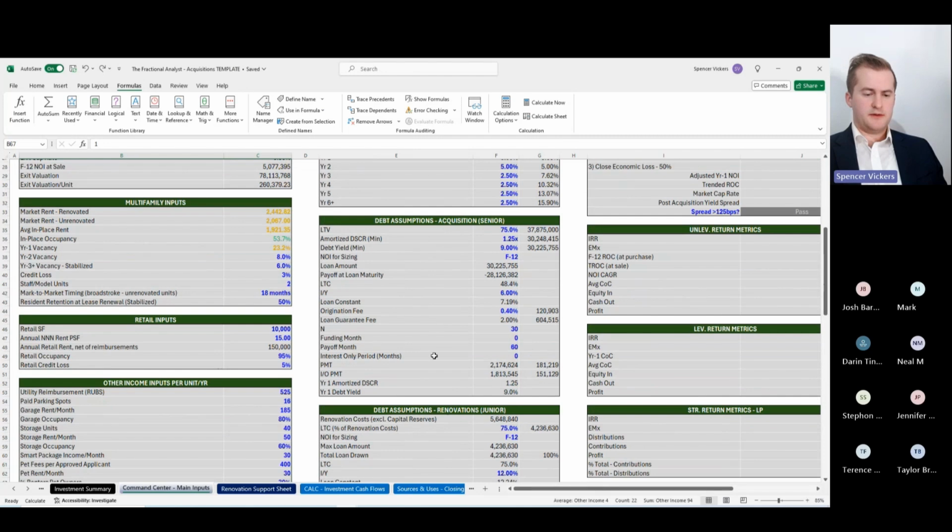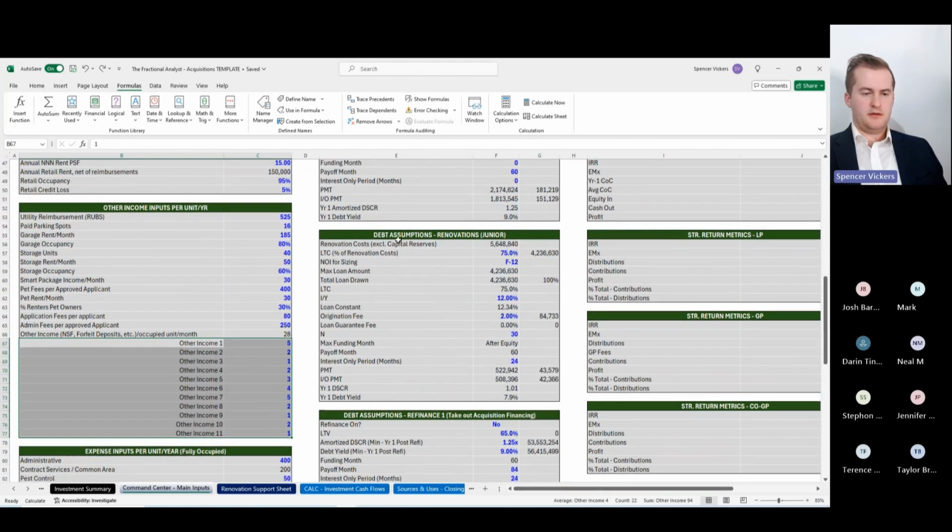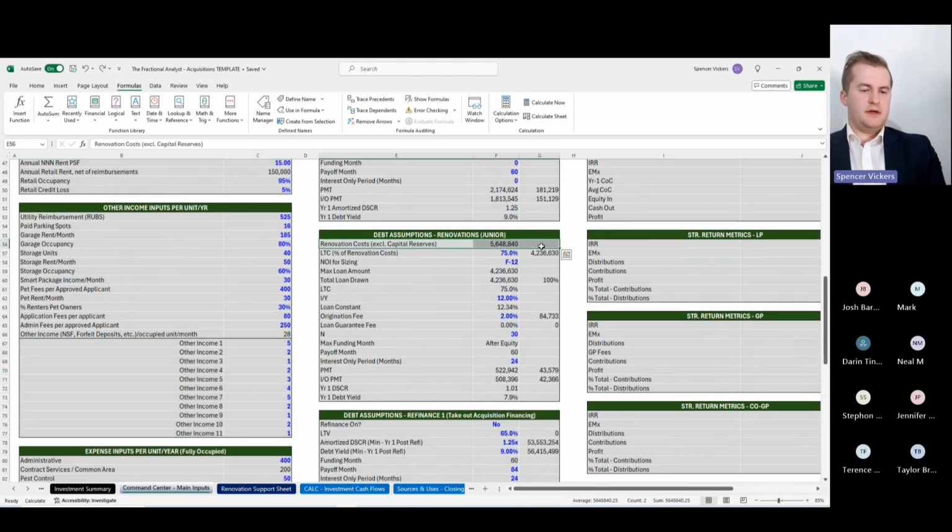After the senior acquisition loan, for a renovation scenario, you total up your renovation cost here, which comes from the sources and uses tab, and also from the renovation by floor plan if you choose to use that. All of that information is synthesized here, and then you do a loan to cost based on those renovation costs, and that'll give you your max loan amount. Your total loan draw will be the lesser of your max loan amount or whatever loan proceeds you actually need to draw, which is specified in the Calc Financing tab.